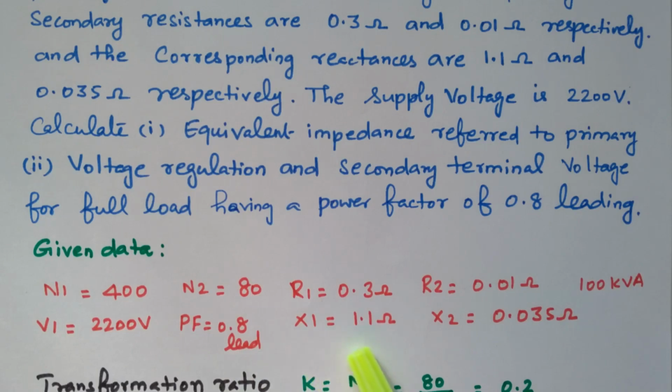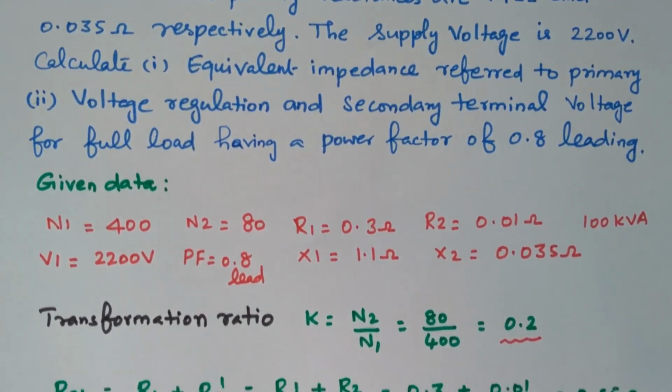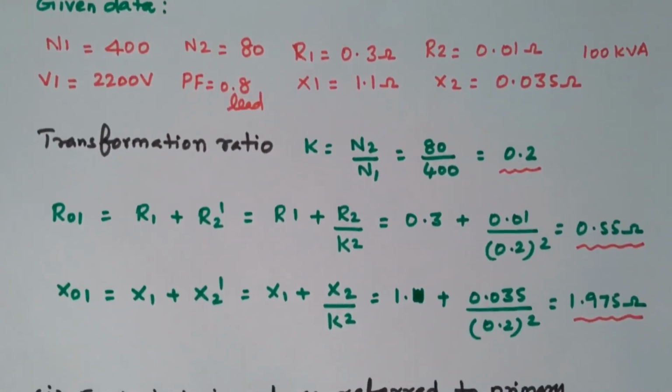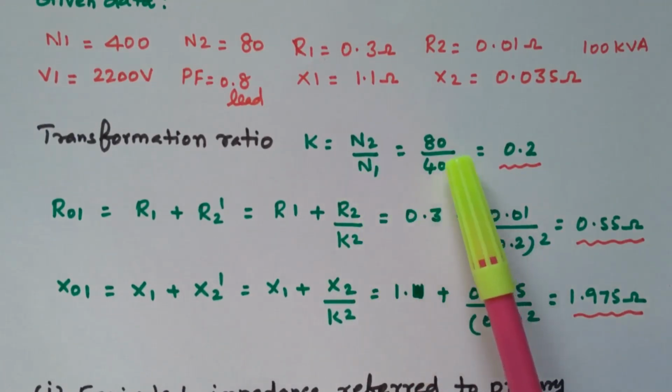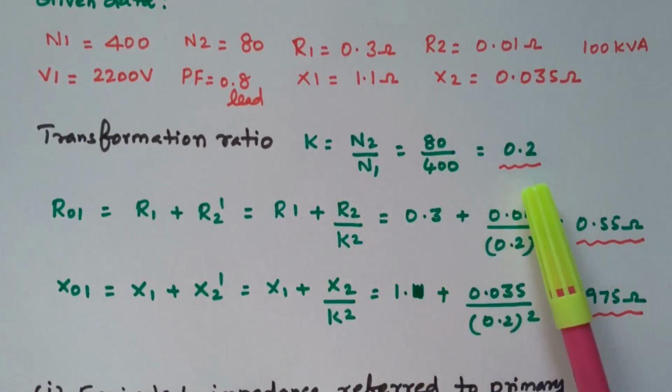The reactance of the primary is 1.1 ohm, and the reactance of the secondary is 0.035 ohm. We need to find the equivalent impedance, voltage regulation and secondary terminal voltage. First we will find the transformation ratio, K equal to N2 by N1, so 80 by 400 is 0.2.